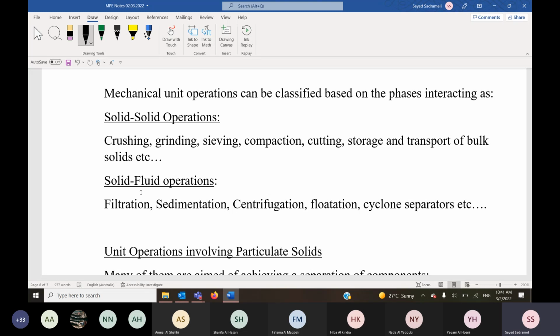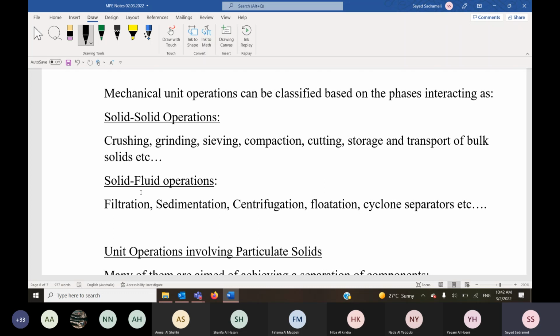So when you have two solids mixed together, to separate them from each other, you may have to use these operations. You may have to crush them, grind them, sieve them, and cut them to small particles, then store them and transport them as bulk solids.